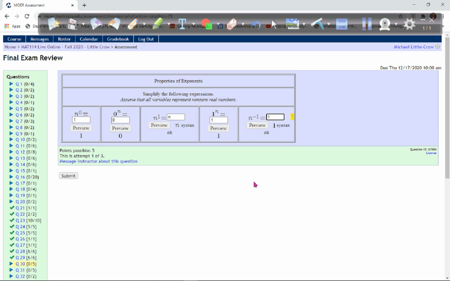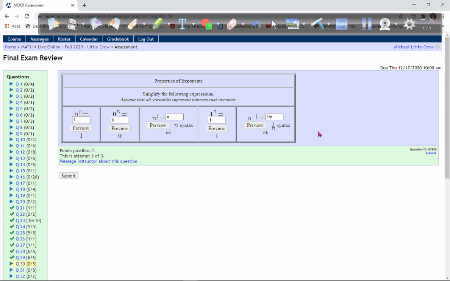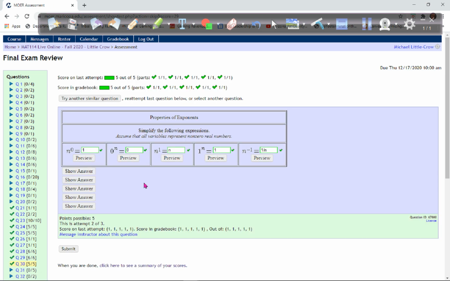So that's 1 divided by n. And because we're told that the variable is a non-zero real number, this is always going to be okay, as long as n is not equal to 0. So those are the properties of exponents. In the test, you will obviously be requested to understand these properties as you solve other questions. Okay, so we'll take a little break here and then move forward.